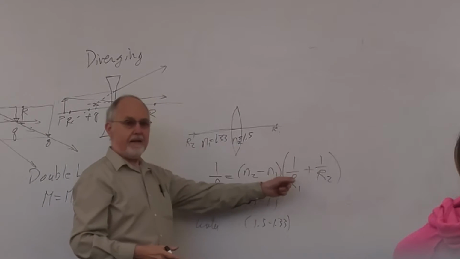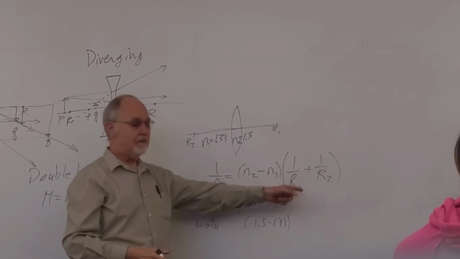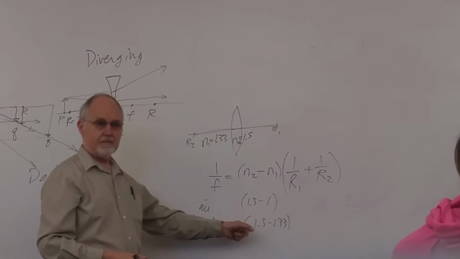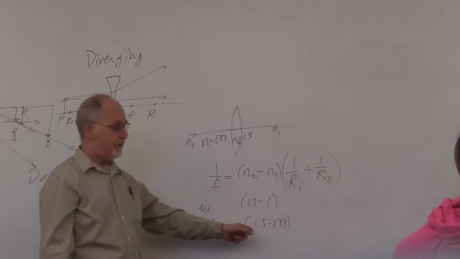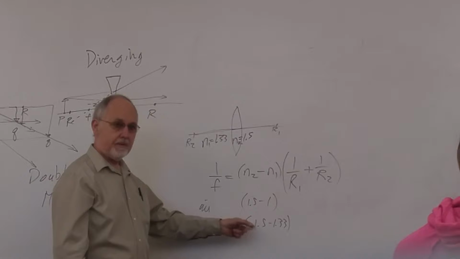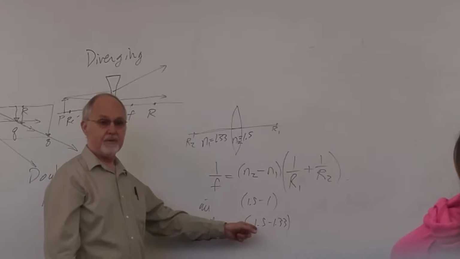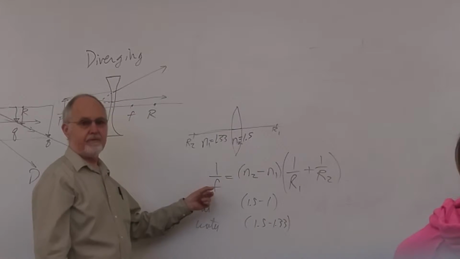So this factor in your equation is going to remain constant. But if I make this closer to the index for the material of the lens itself, this term gets smaller. It's a smaller difference. But if this is smaller, what's happening to f?